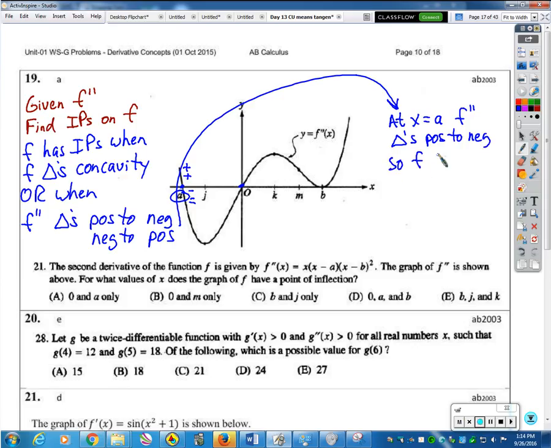So F changes, somebody, what goes here? We're almost done. Go, Jake. What kind of concavity? Up to down or down to up? No one leave, no one leave.